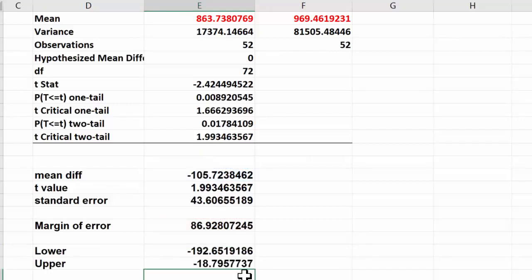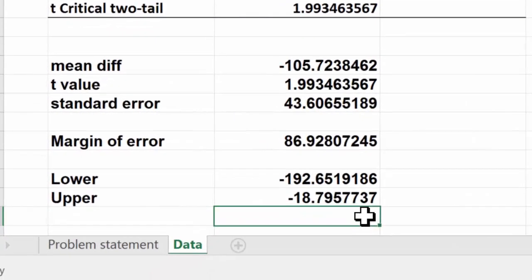So essentially what we are saying is that we're 95% confident that the difference that exists between sales online versus sales in store is that the online channel can sell on average about $18.80 per day up to $192.65 per day less than what we'd have as sales for our in-store.